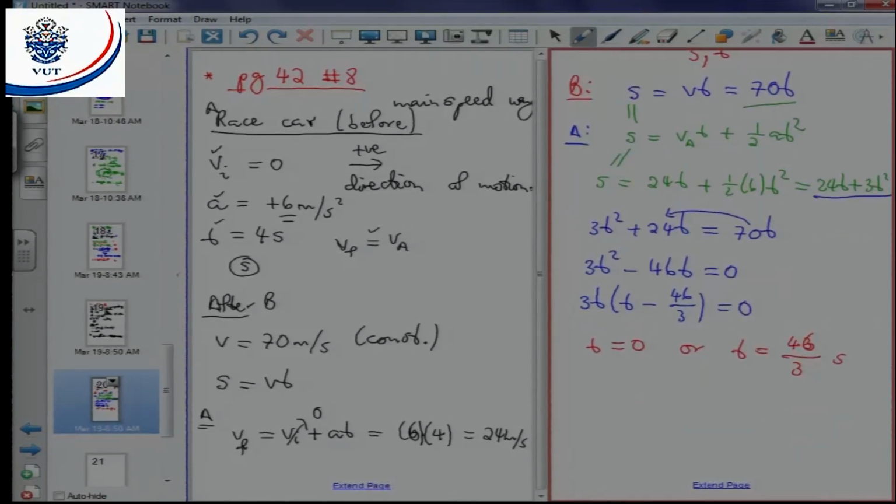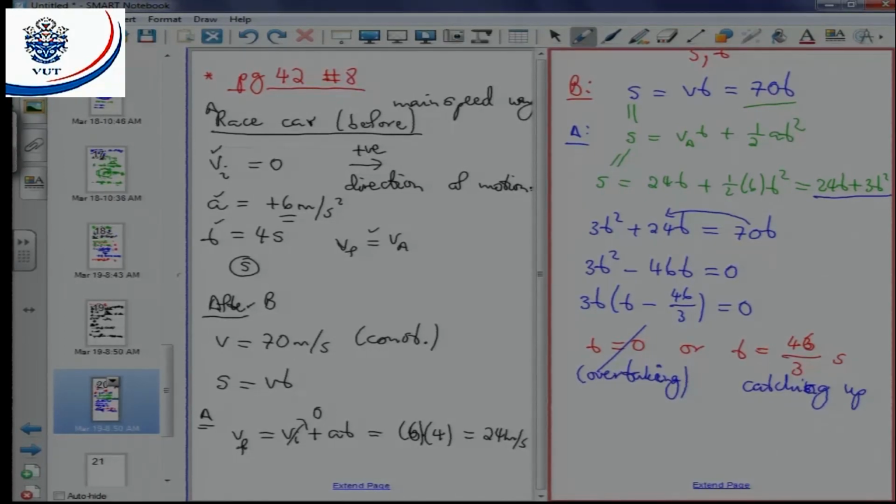Okay, so which answer is the correct one? We're looking at when they catch up. This is when overtaking takes place. So at T equals 0, that's where car A is overtaken by car B. So that's not our solution. And our solution for catching up would be after 46 over 3 seconds.